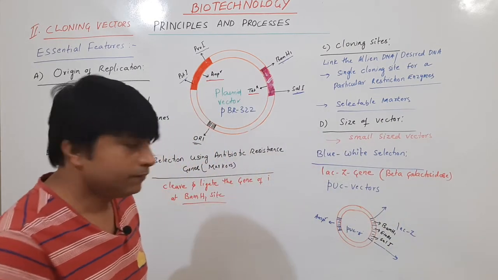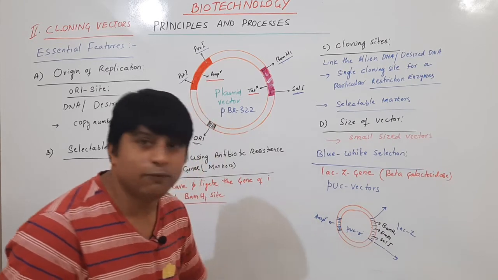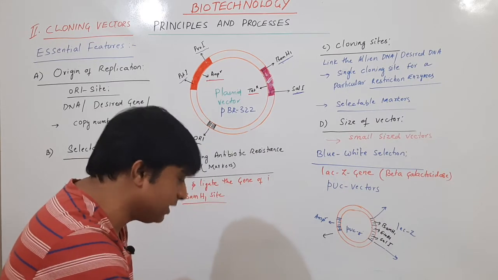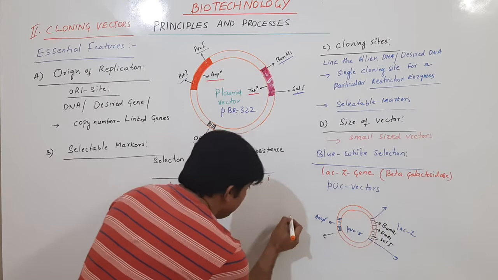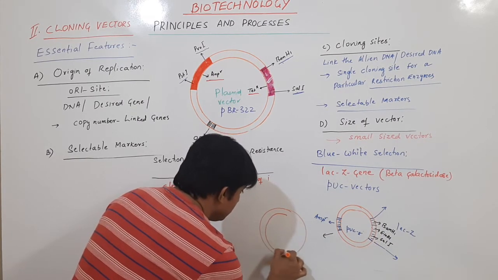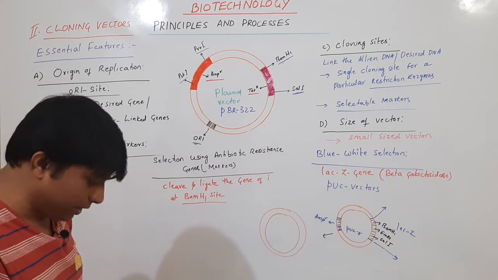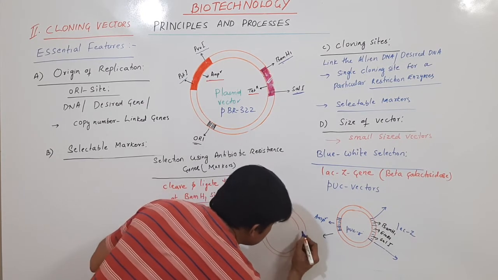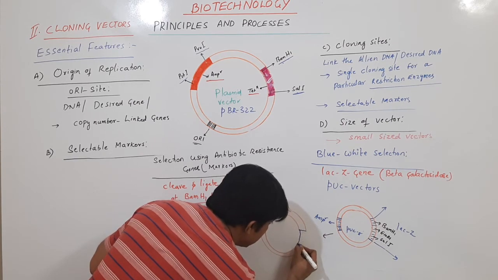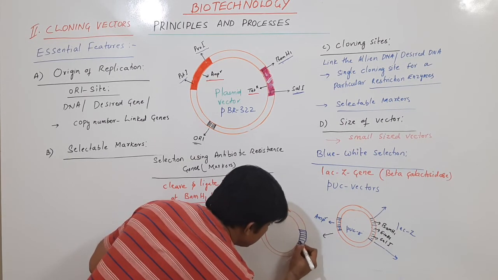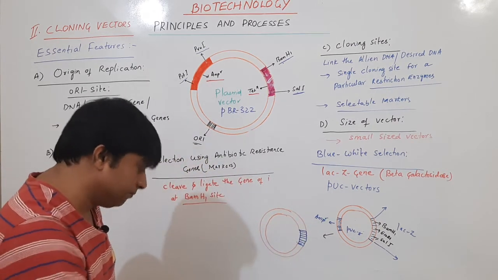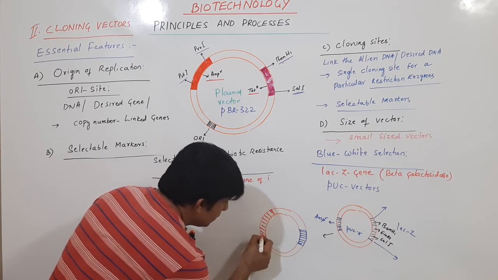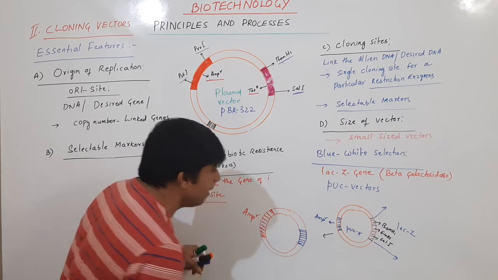Many are there. Same thing, if I use the pUC8 vector, if I cleave it using the BamHI restriction enzyme, and at that place I add my gene of interest, this is the gene of interest, and this is, for our convenience, the ampicillin resistant marker.